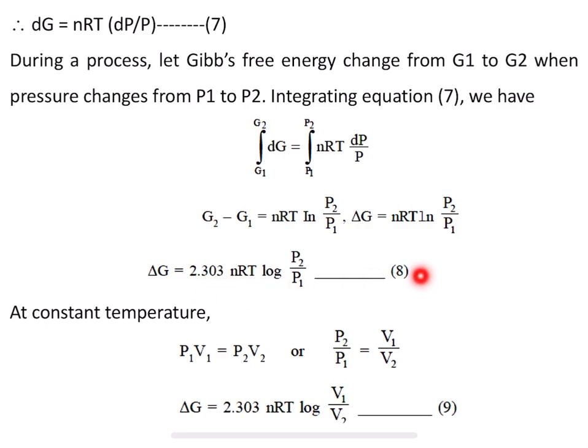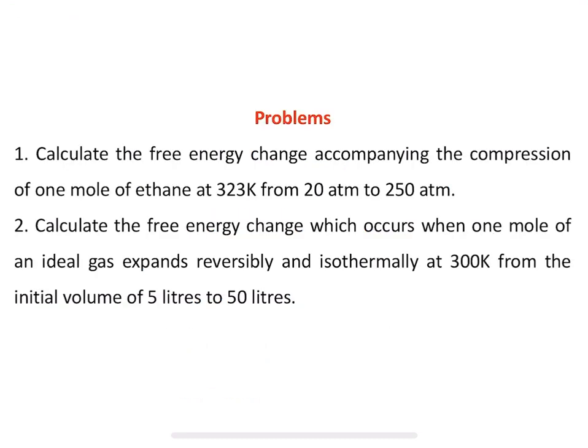So here we have to use equation number 8. Take equation number 8, where P2 is the final pressure: 250 atmosphere is P2, 20 atmosphere is P1, and 323 Kelvin is the temperature T. We know the value of R, that is 8.314. He has also said 1 mole of ethane, so n is equal to 1.